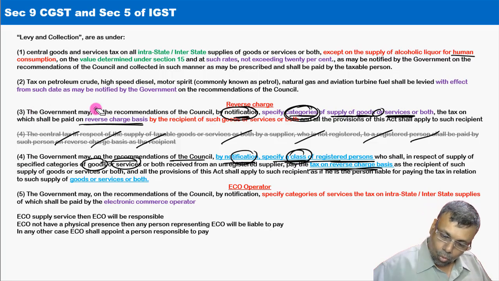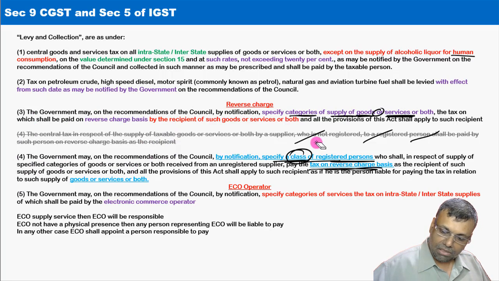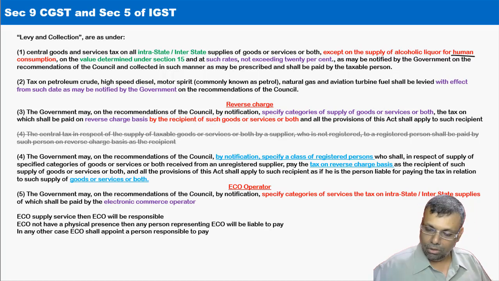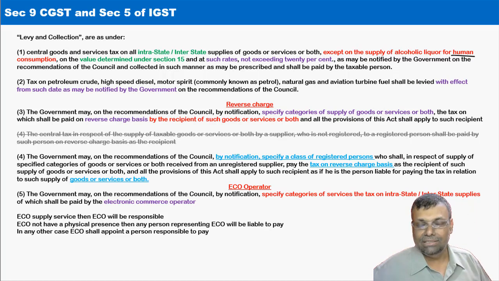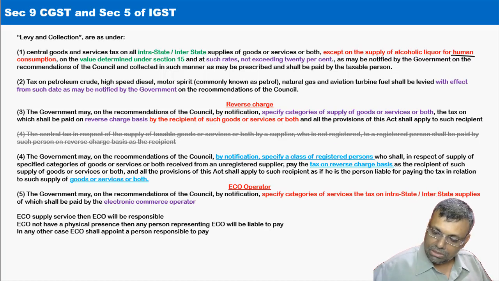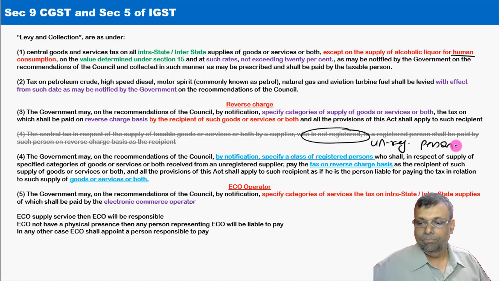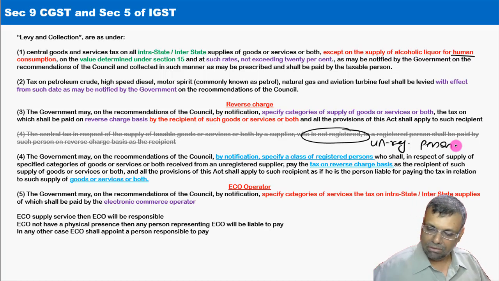Now there was an old provision which I am telling you just in a very shortcut, but it is removed. This provision has been removed because previously it was a very controversial provision. Actually, it doesn't make any sense in studying that, but just for the sake of knowledge and information, very quickly, if there was any purchase from an unregistered person, that was covered by the reverse charge mechanism, and it was a lot of subject matter of litigation, and there were a lot of notifications on this particular front.